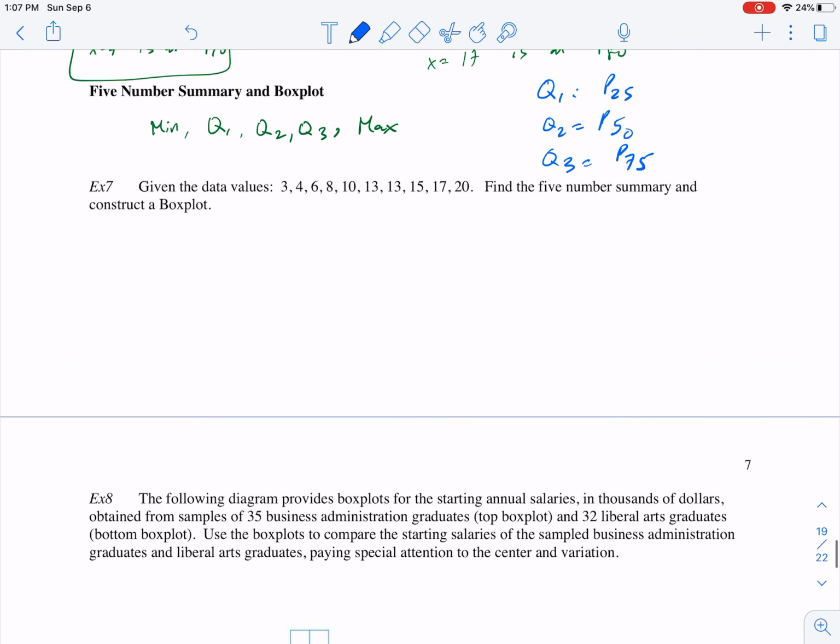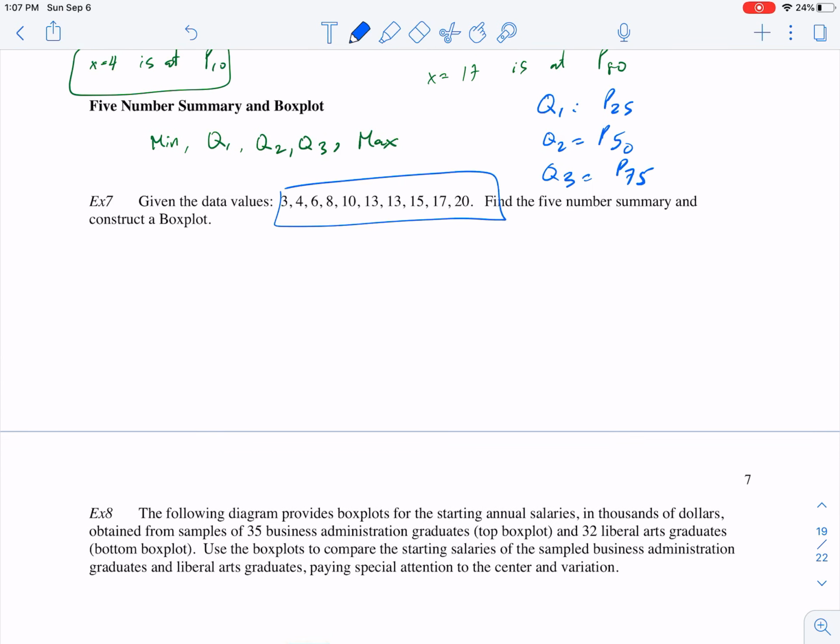So what we can do here is graph a box plot for this data set. We can say min is 3, max is 20, then Q1, Q2, Q3. There are 10 numbers.